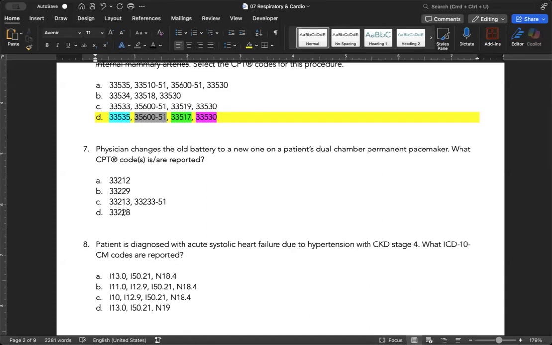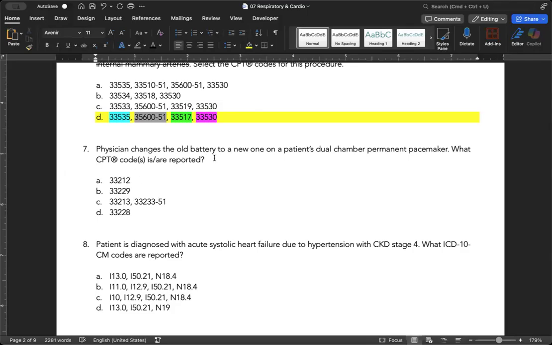So let's go look at the 33212 versus 33213. 33212 is for the insertion of a pacemaker pulse generator only for a single lead. And then 33213 is for dual leads.